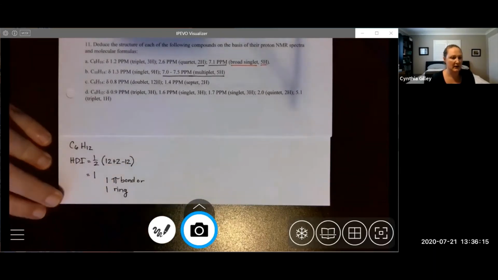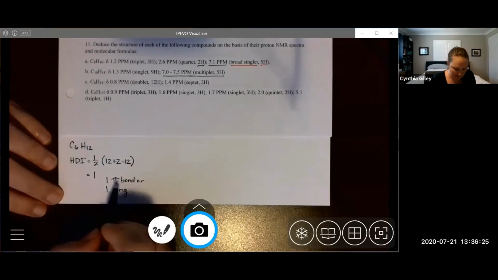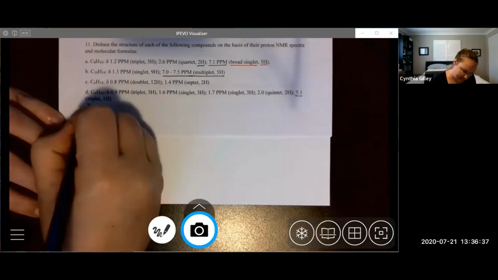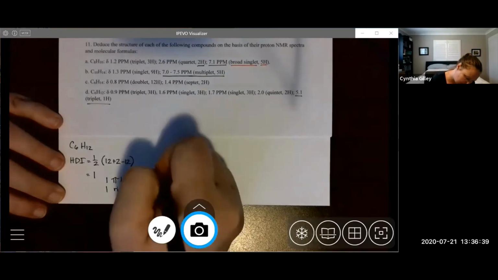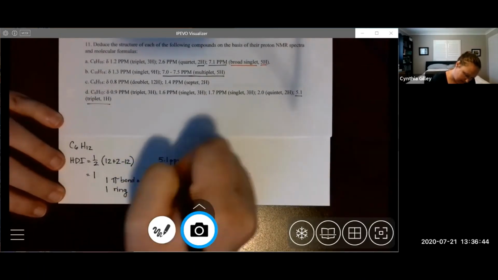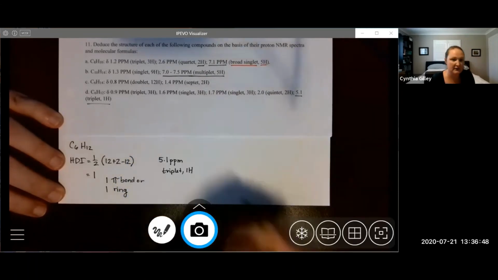Okay, so something to think about. And then as we look at the different signals here, if I'm concerned about, okay, do I likely have a pi bond? I might want to look in that region of 4.5 to 6.5. Because if I have any hydrogens attached to a pi bond, they'll show up in that region. So I do actually see this signal here at 5.1 ppm. And it's a triplet that integrates for 1 hydrogen.